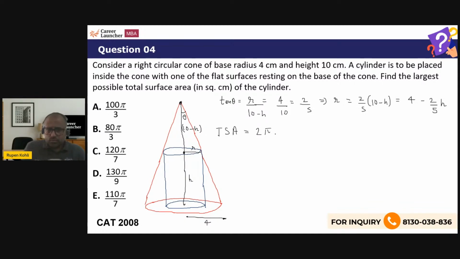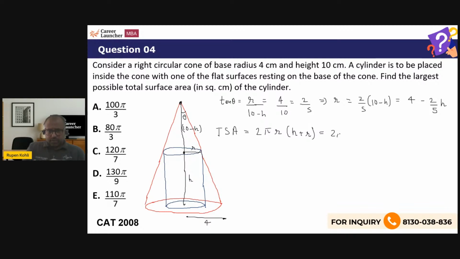So this is 2 pi r h plus 2 pi r square, or you can say 2 pi r into h plus r. Now let's substitute for r, which we have obtained from above, and define the area as a function of h. Then we have to maximize that. Looks like we should get something quadratic, because this is obviously a second degree expression.